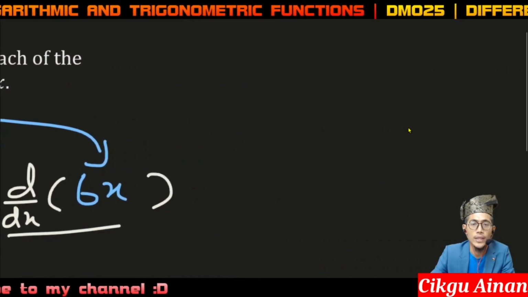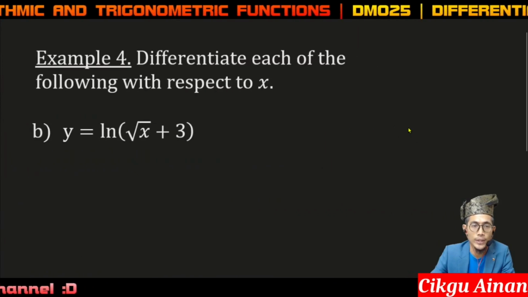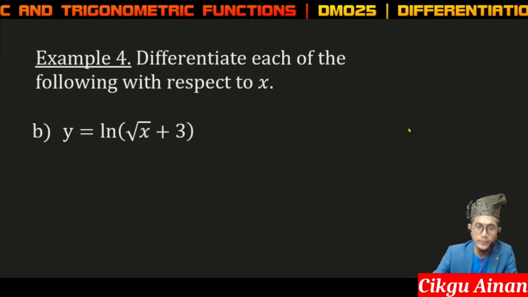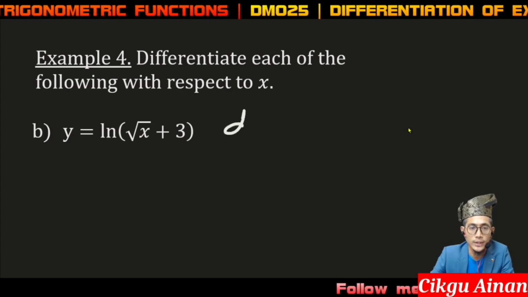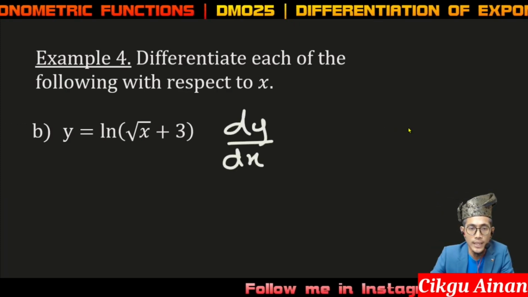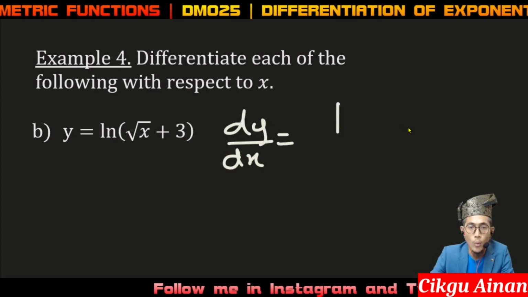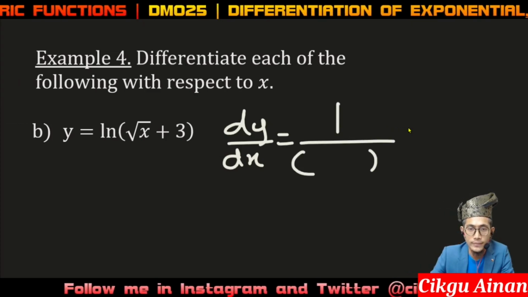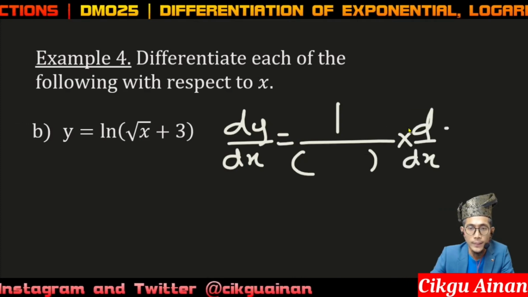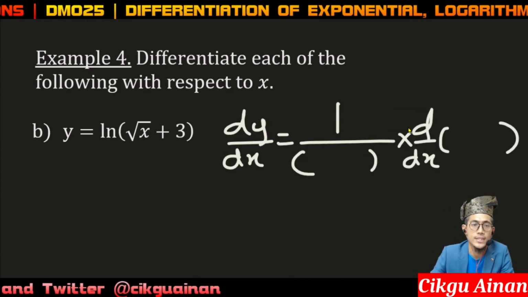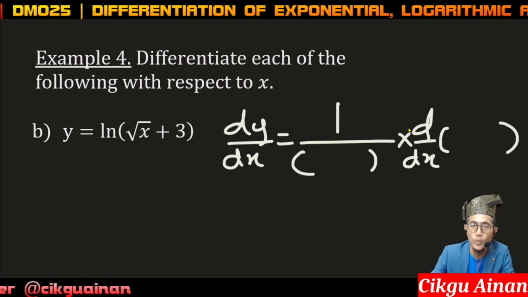Now let's move on to the second one. Same process. dy/dx equals 1 over the bracket, multiplied by the differentiation of the bracket. Now in this case, where is the bracket?